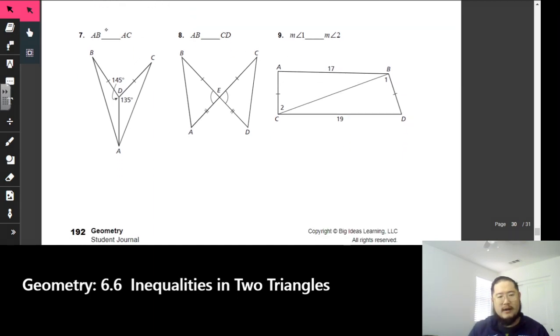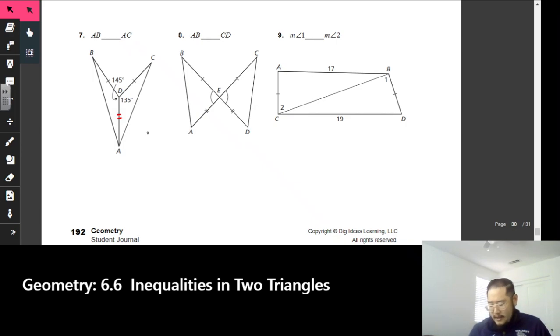We've got right here A and B. So let's see, do we have two congruent sides? We should, and we do, because think about this. Just like in our theorems before with these triangles, we have two triangles and they share a common side. So therefore, we do have at least two sides that are congruent in each triangle.